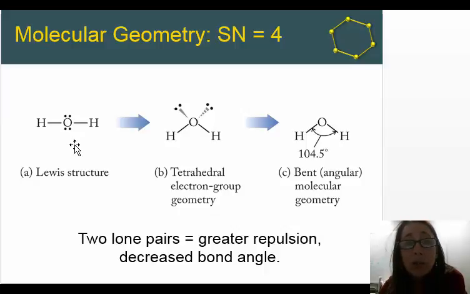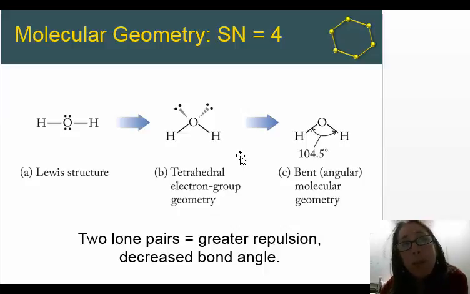We see that oxygen has a steric number of 4 because there are 2 atoms attached to it and 2 lone pairs. Now this molecule has 3 atoms in it. Anytime we have a molecule with 3 atoms, it can either be linear or it can be bent. So in this case, the shape of water is bent.